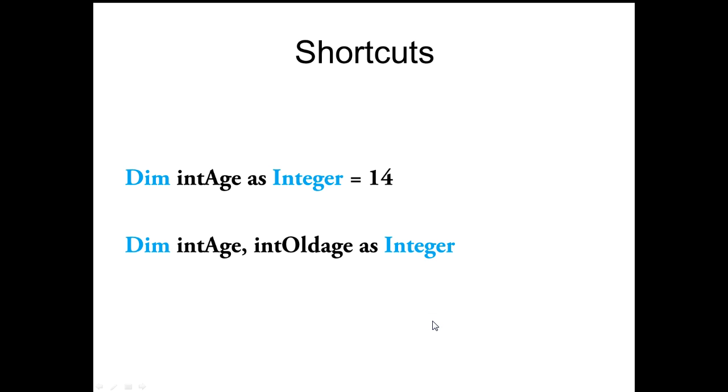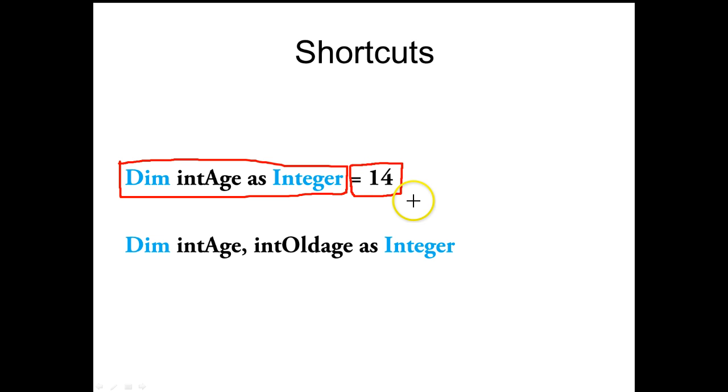Okay, last thing before I give you an example is I'd like to show you 2 commonly used shortcuts when declaring and using variables. The first one that you see here is one in which I declare the variable, and on the same line I set it equal to a value. So after this line of code executes, the computer knows that there's a new variable called int age out there, and that it's filled with the value of 14.